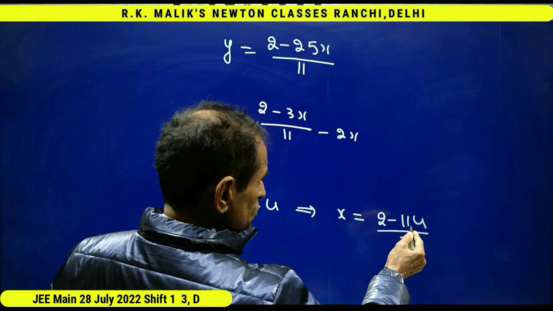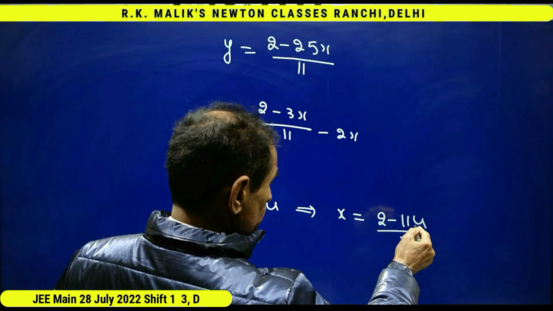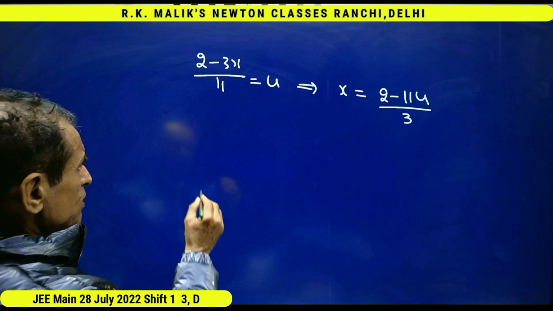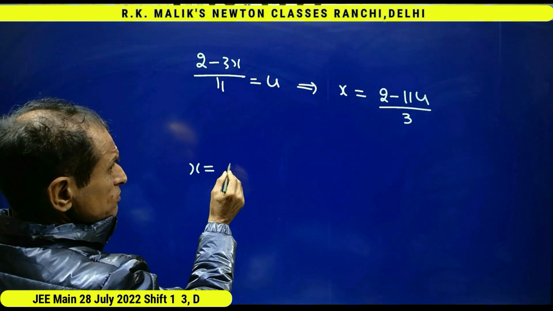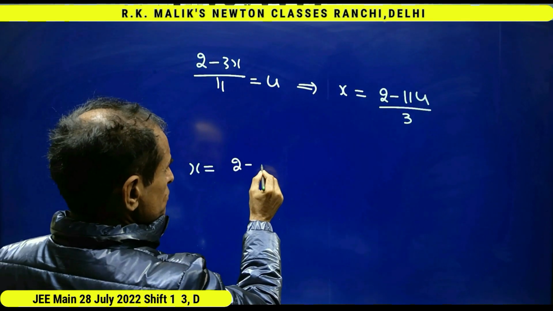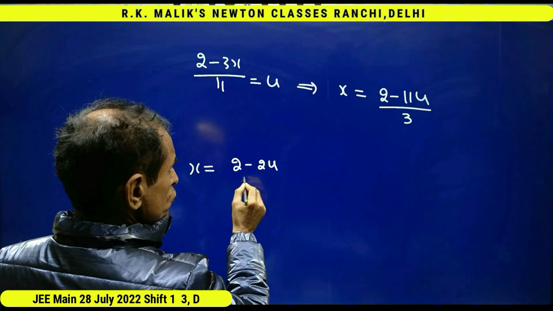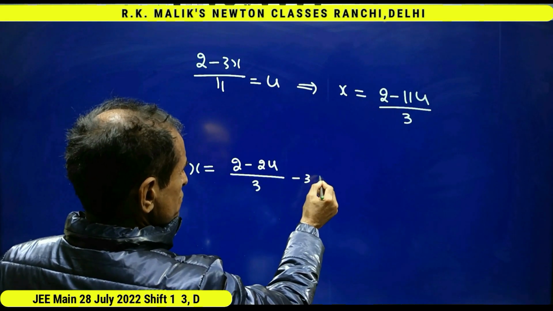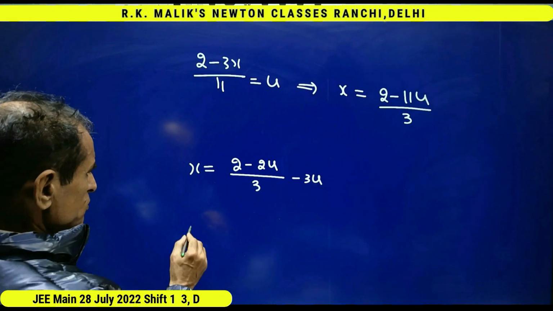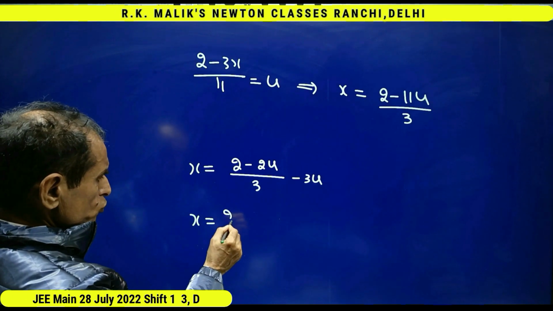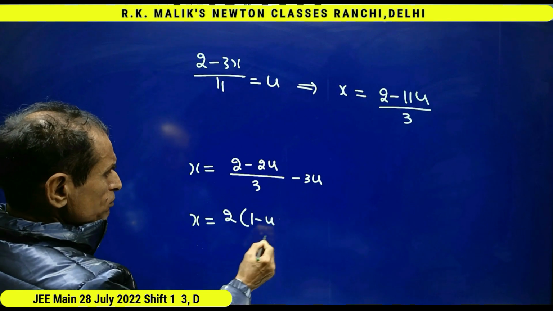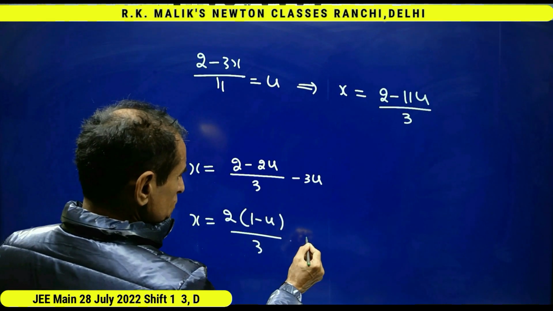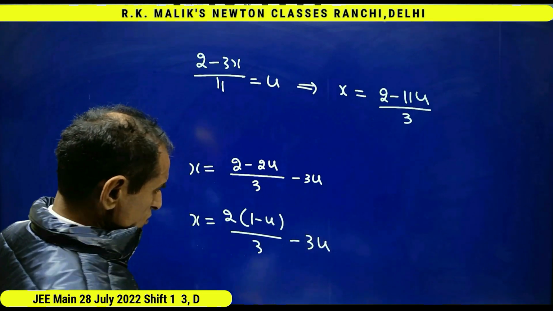Again, to make this coefficient smaller, write x as 2 minus 2u by 3 minus 3u. That is, x equal to 2 into (1 minus u) by 3 minus 3u.